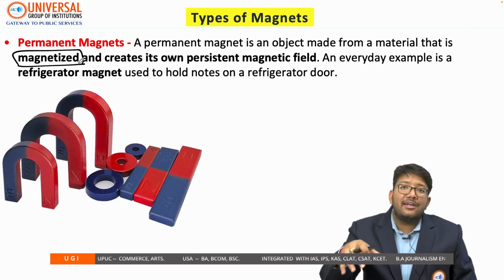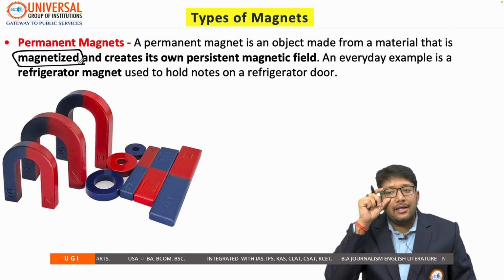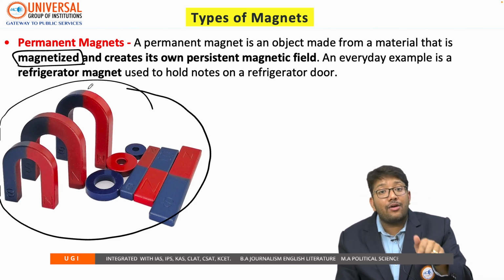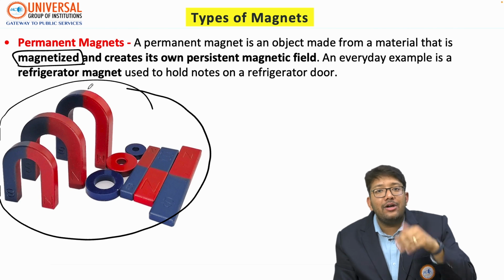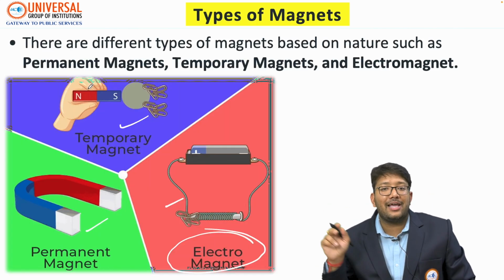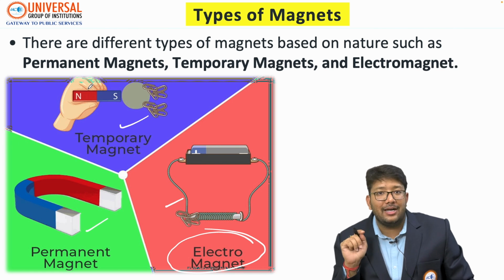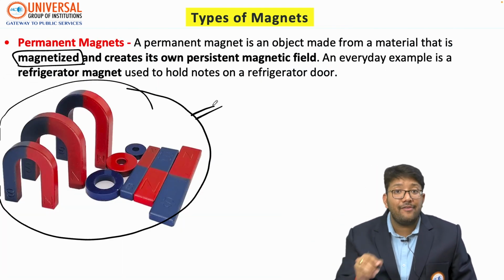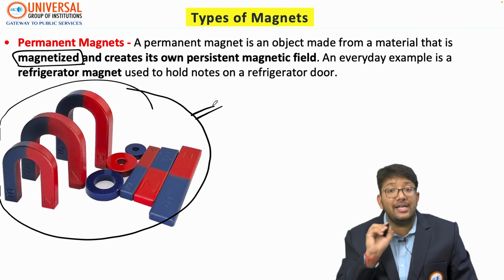Obviously we get magnets from the earth itself, and these permanent magnets will have their own magnetic field. We don't need to apply an external force to have the magnetic field like we do in the electromagnet. Remember that. These permanent magnets have their own magnetic field.